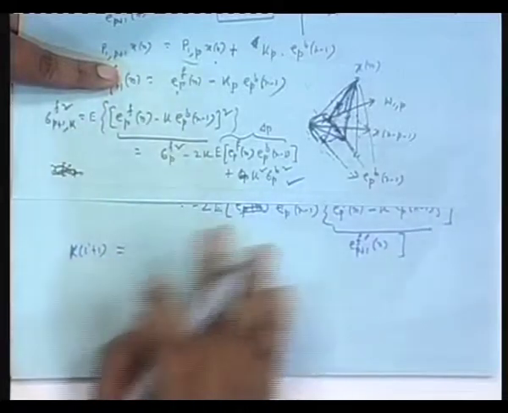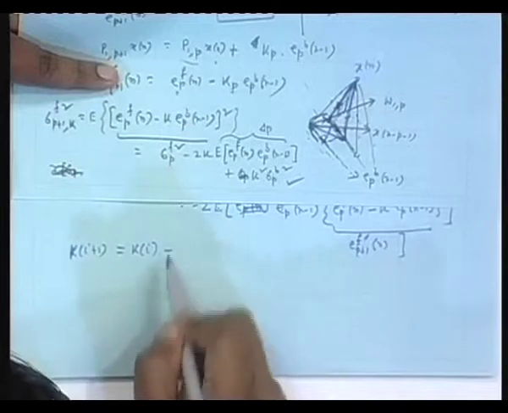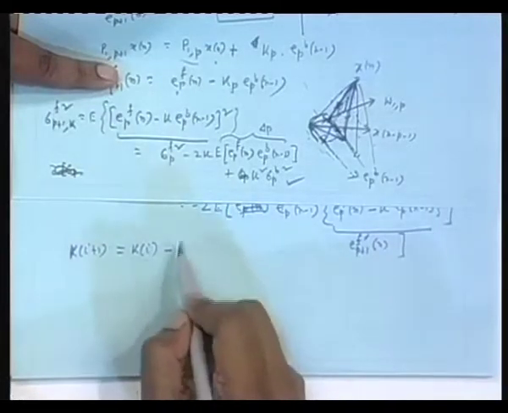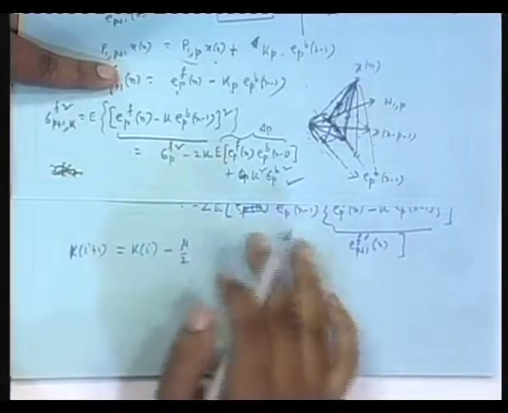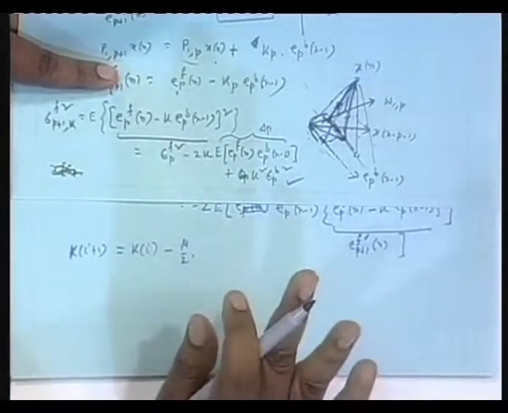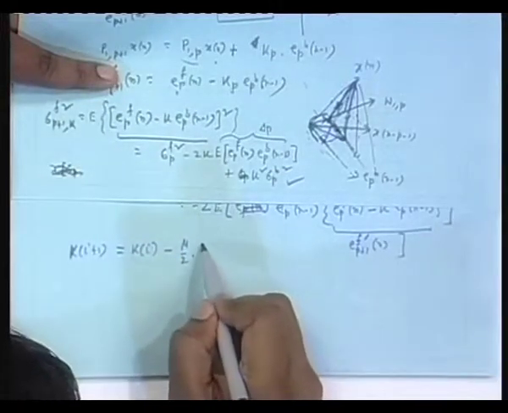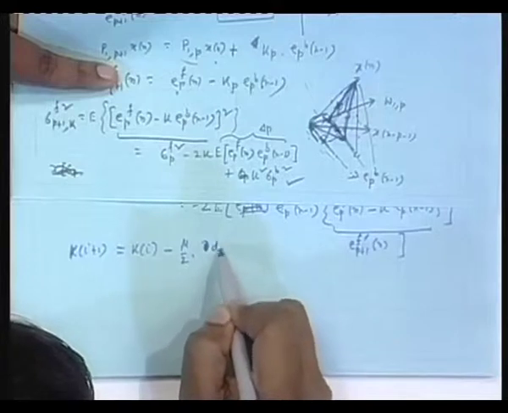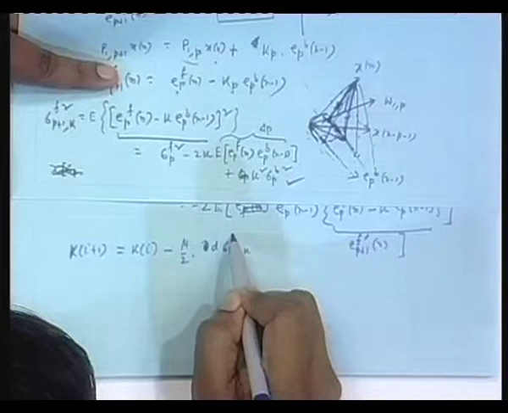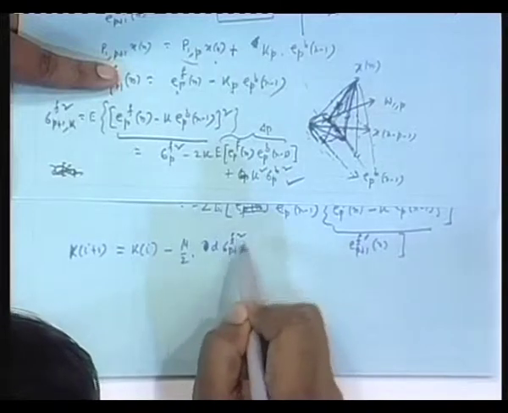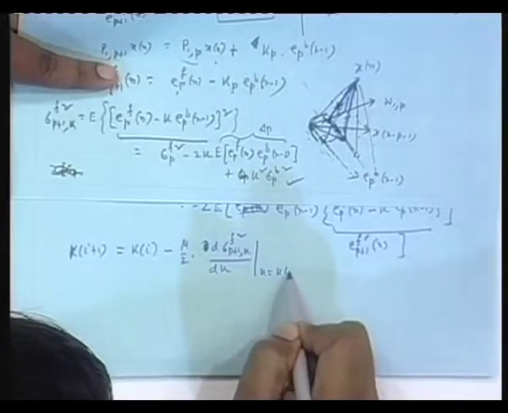Before I start using the lattice, I am just doing this offline business, like in all steepest descent, minus some constant times, constant is say mu by 2. I want the 2 and 2 to cancel, mu by 2, absolutely similar thing, mu by 2 into this guy, again d sigma p plus 1 k f square by dk evaluated at k equal to ki.